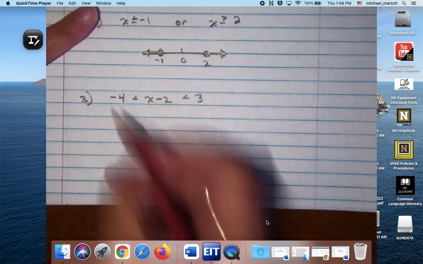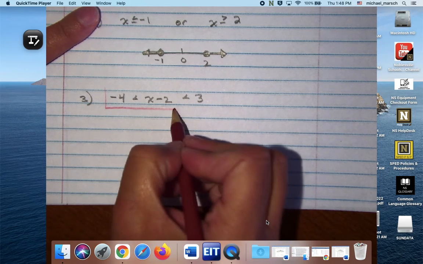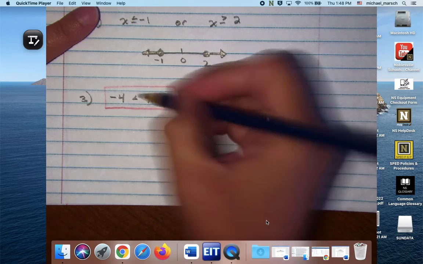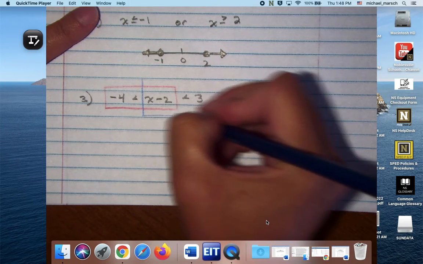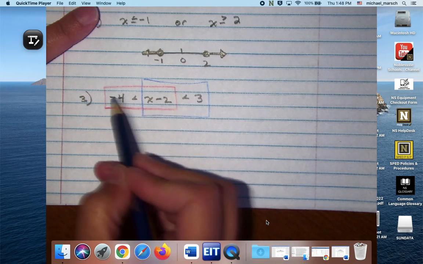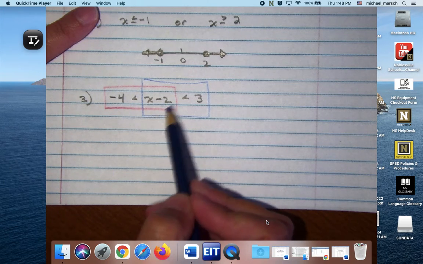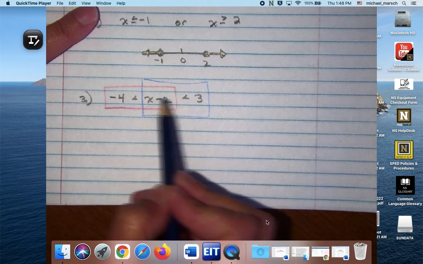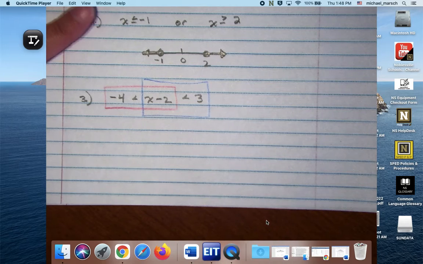So what we really have here is this inequality outlined in red and this inequality outlined in blue. So the middle, this is kind of like a funky Venn diagram. This x minus 2 goes with this -4, and it goes this way with the 3.